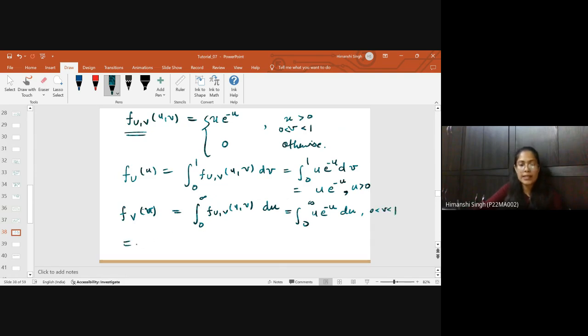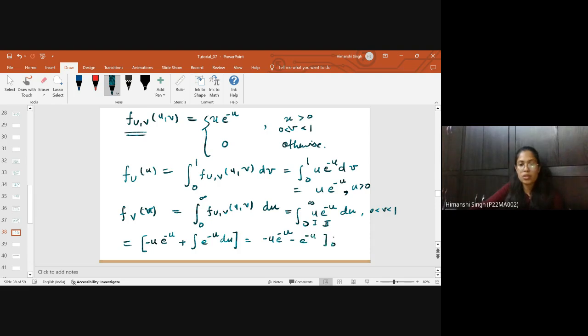Now if I integrate this term, it will be the first function as such, times the integration of the second, so minus e to the power minus u, minus the integration of the derivative of the first, which is 1, times the integration of this, which is e to the power minus u, and negative also. So it will be minus u e to the power minus u, and this is minus e to the power minus u.